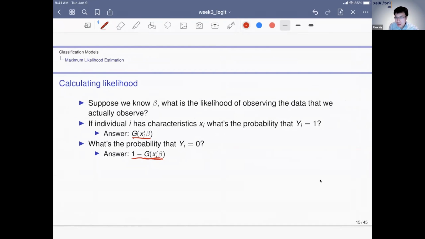And then in reality, we will see what the yi actually is, right? It's either 1 or 0. So if it's 1, the probability that we observe the actual data is this. If it's 0, then the probability is this.